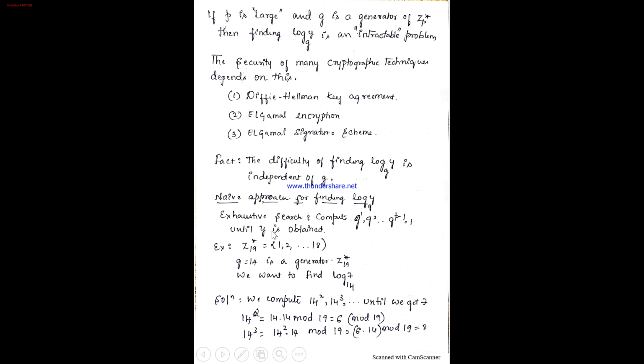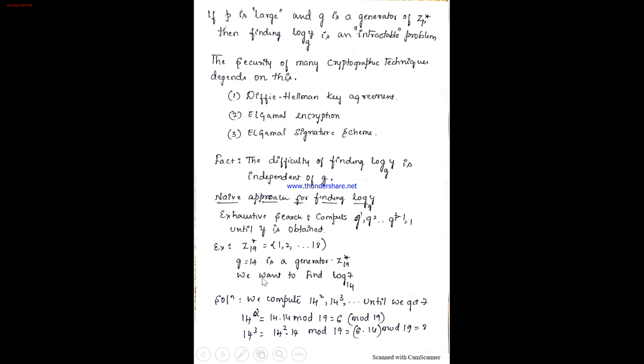Now the exhaustive search approach, the iterative approach you are supposed to follow. For example, we have Z19 star, which is the numbers 1 to 18. Assume a generator 14.